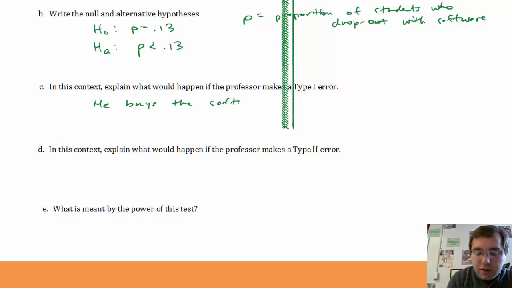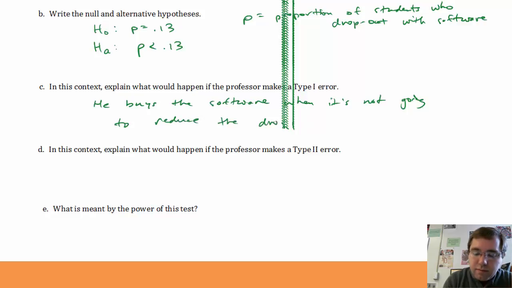That would be rejecting the null hypothesis when it's not going to reduce the dropout rate. So rejecting the null hypothesis means he's going to buy the software. But a type 1 error is that he rejects the null hypothesis when he shouldn't. So he shouldn't reject the null hypothesis if that software is not going to help anything.